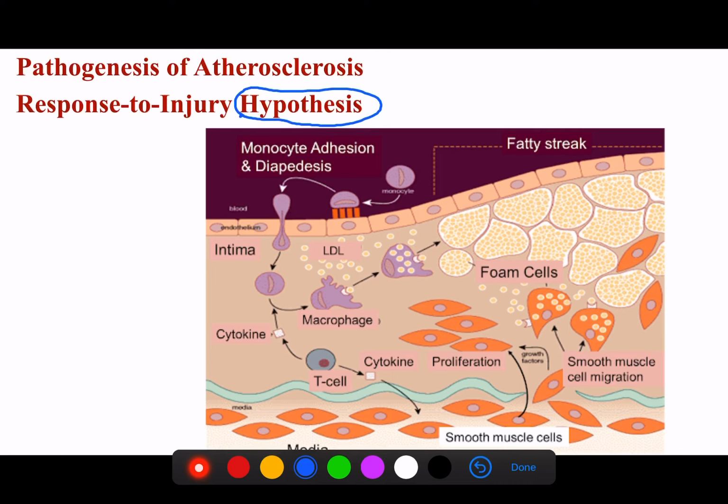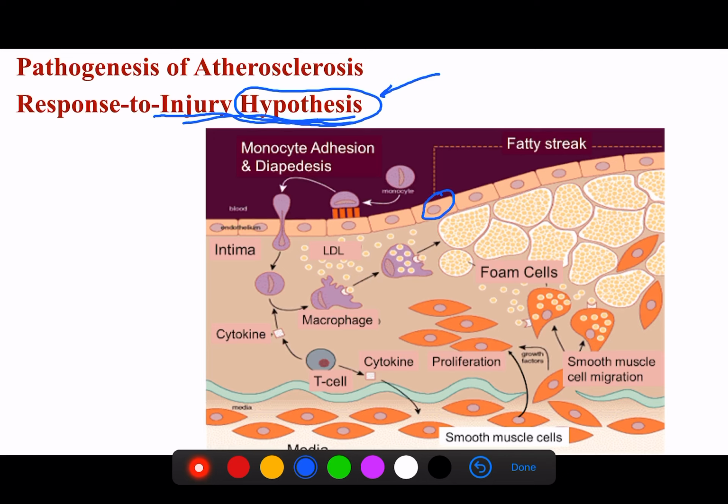The second hypothesis is called monoclonal adipocyte, or foam cell. It refers to proliferation of foam cells or adipocytes within the tunica intima, and these adipocytes will proliferate and continue to become atheroma. The third hypothesis, the most acceptable and most relied upon, is called the injury hypothesis. Injury to what? Injury to endothelial cells.